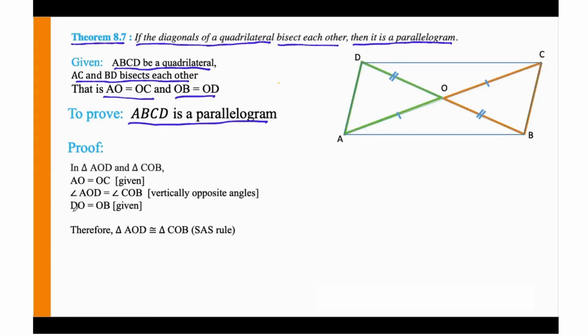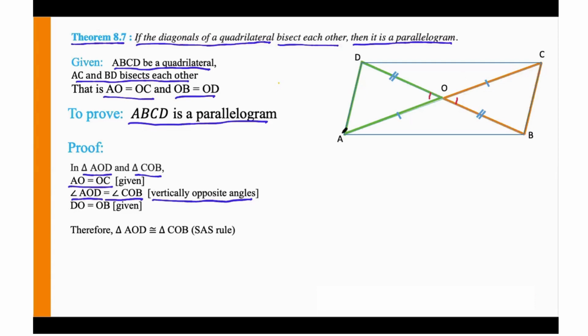Let us take the two triangles, triangle AOD and triangle COB. You will see that it's already given to us that AO is equal to OC. This is given. Also, we have angle AOD equal to angle COB because they form vertically opposite angles.